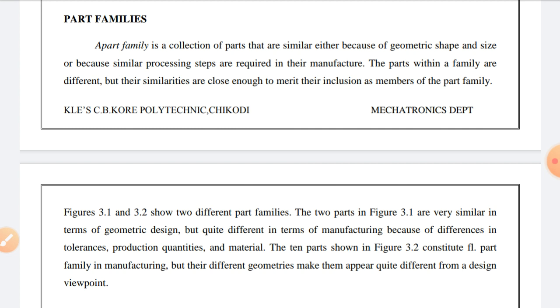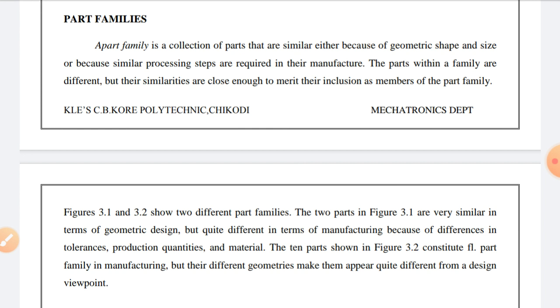What is the meaning of part family? A part family is a collection of parts that are similar either because of geometric shape and size or because similar processing steps are required in their manufacturing.